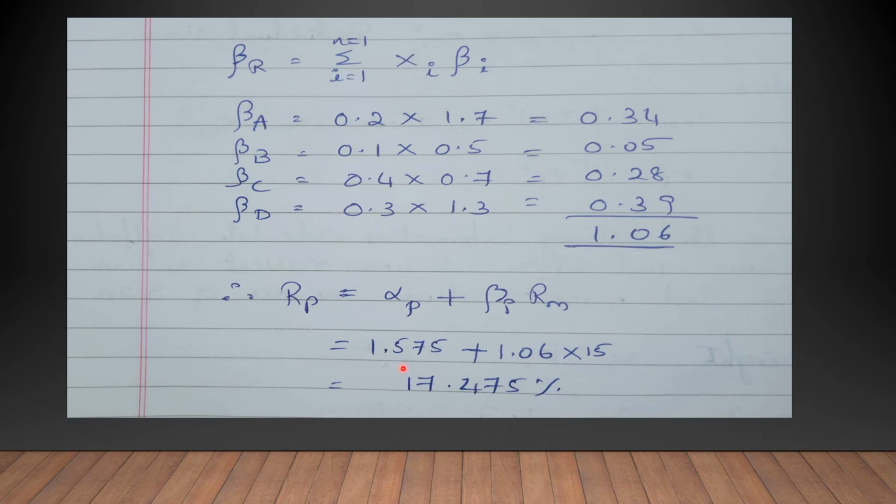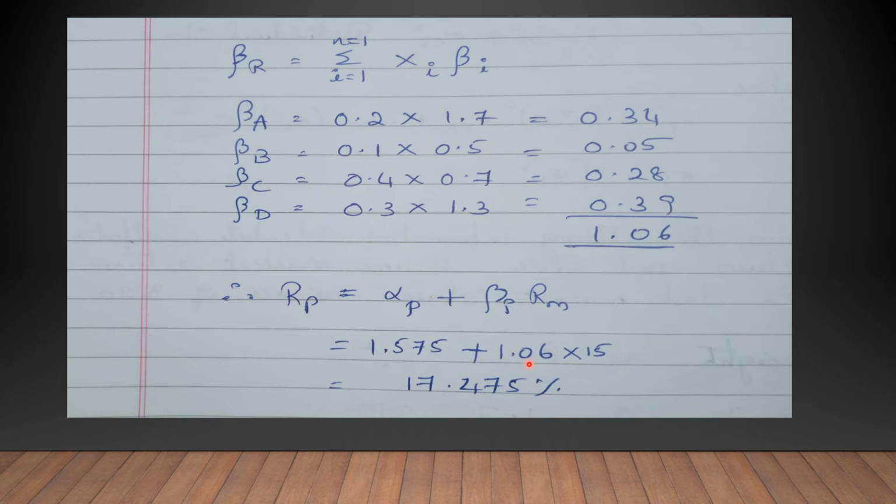So now you have to substitute it in the formula, that is Rp equals alpha p plus beta p into Rm. Alpha we have found out, that is 1.575, plus the beta value of the various stocks we have found out, that is 1.06, into market return.